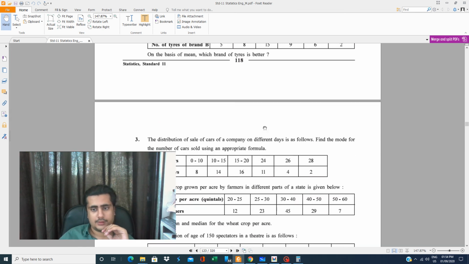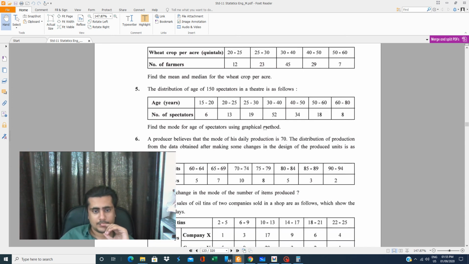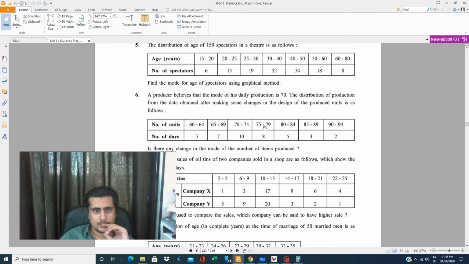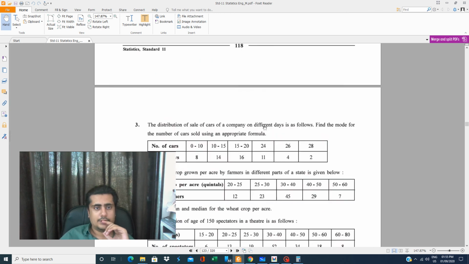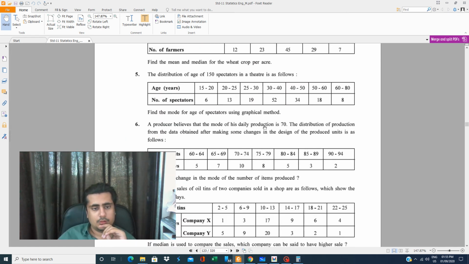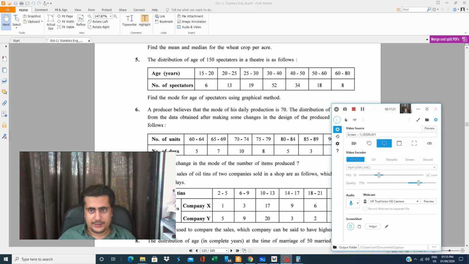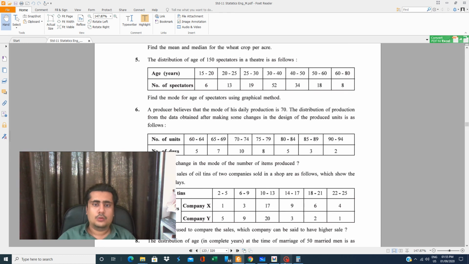Let us find a good sum so that we can solve. So we are solving section F number 6. I'm reading the question. A producer believes that the mode of his daily production is 70.